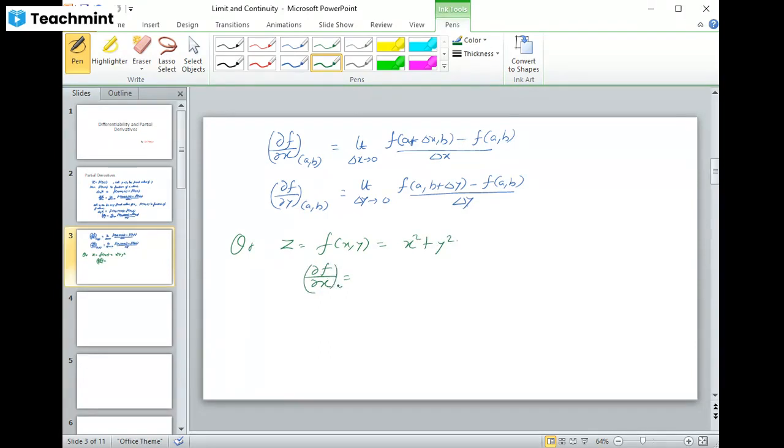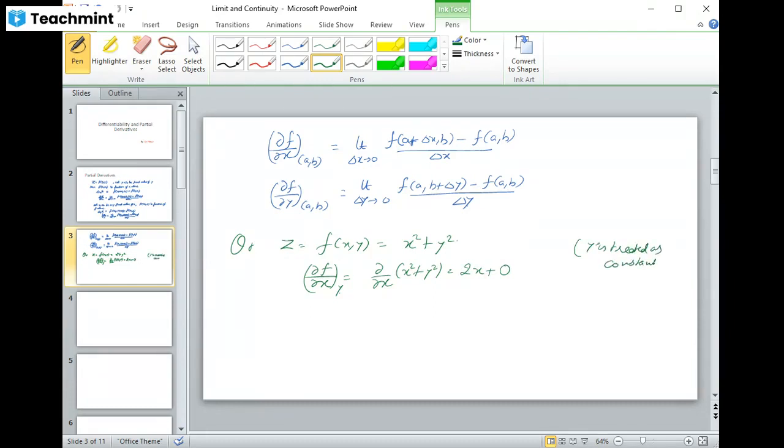So in this case we can denote it in this way also. If we are differentiating f with respect to x, this is a partial derivative. Here we are considering only x as our variable, so we are considering y as a fixed constant. So the derivative of x square with respect to x is 2x, and the derivative of y square is 0, because y is treated as a constant.